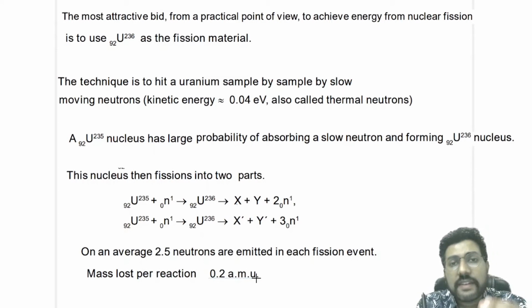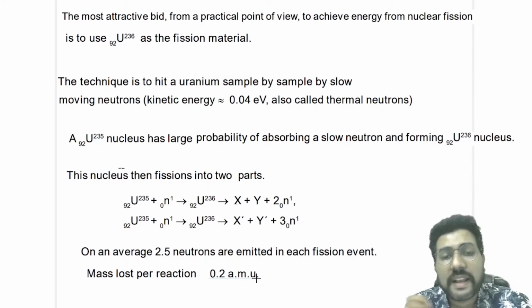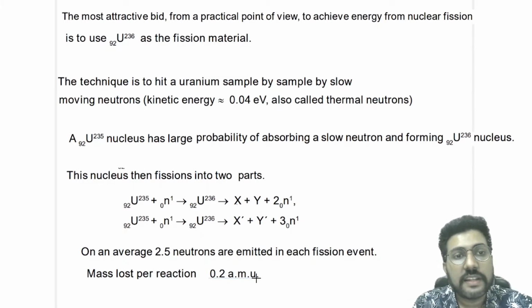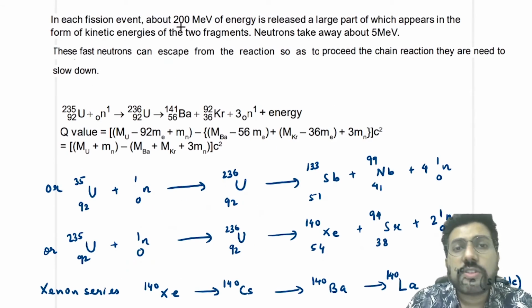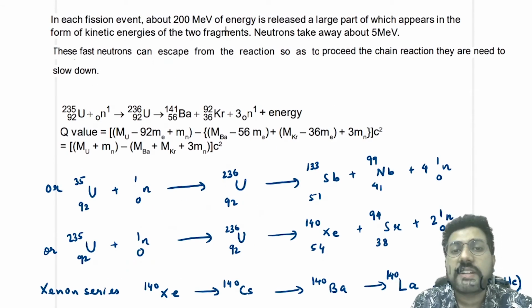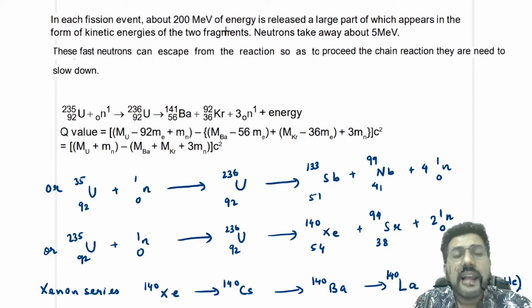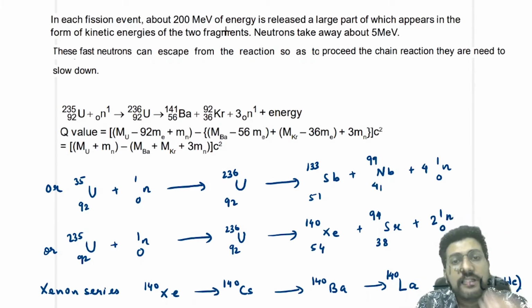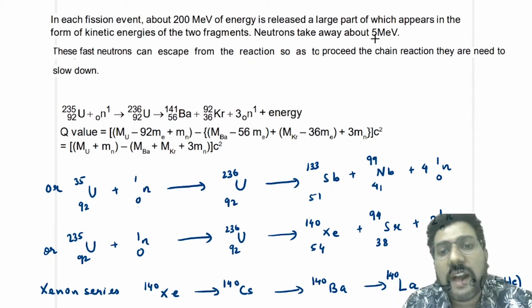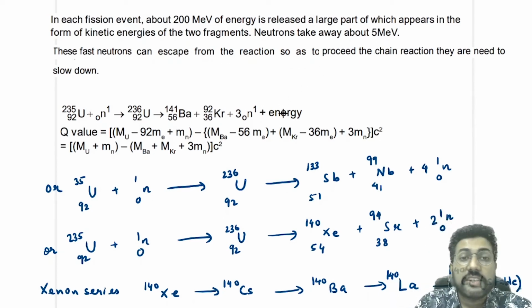So on an average, approximately, you will say that per fission, 200 mega electron volt of energy is released. And this energy mostly appears as the kinetic energy of the fragments and also the neutrons. In fact, these neutrons take away about 5 mega electron volt of energy each.